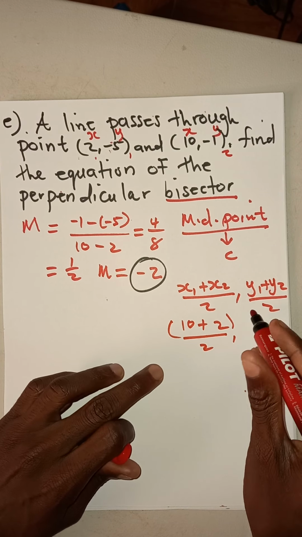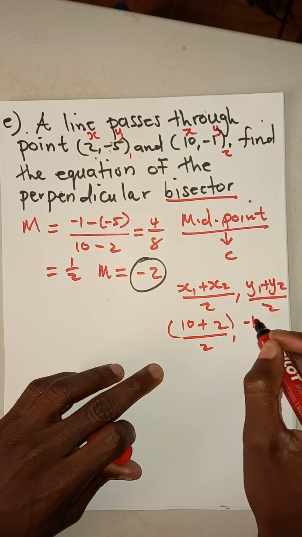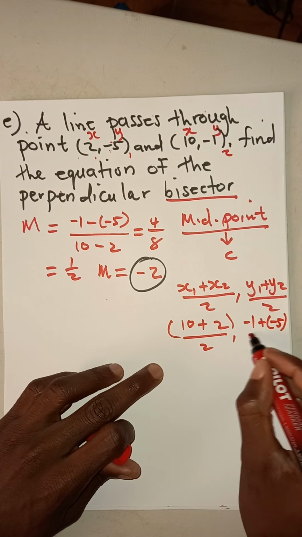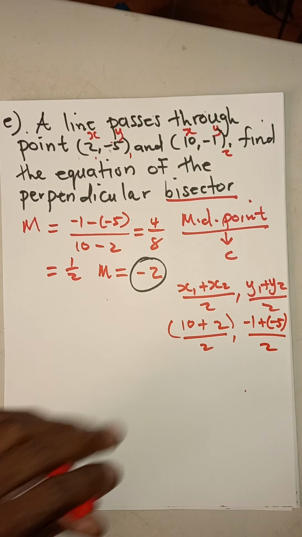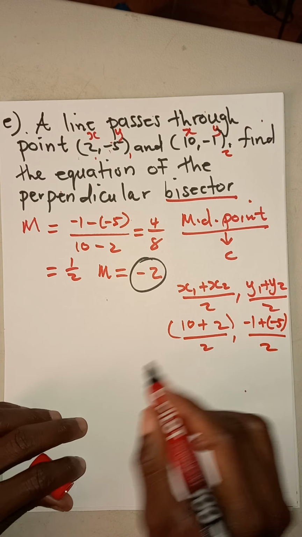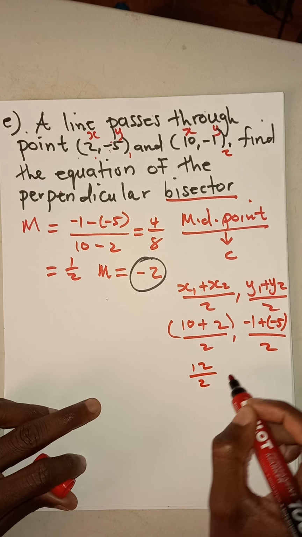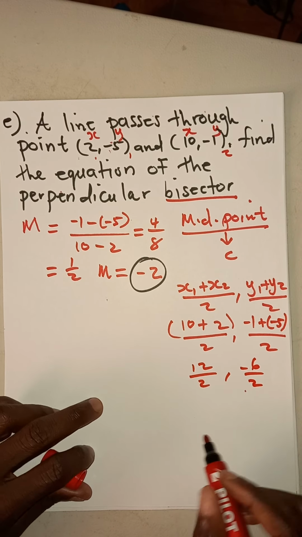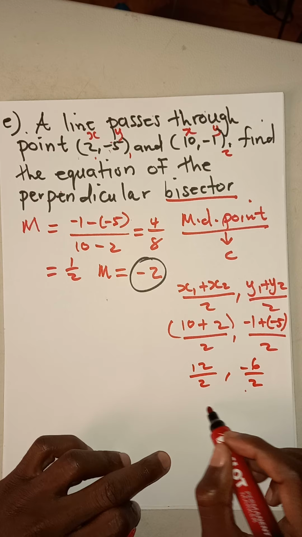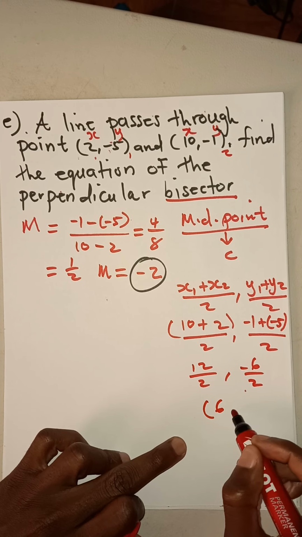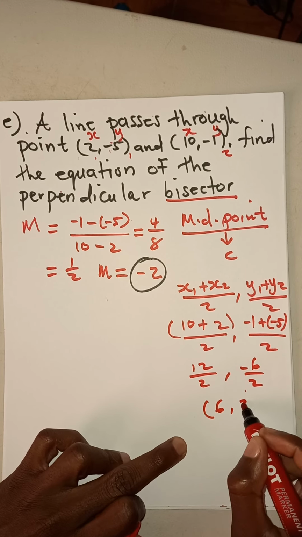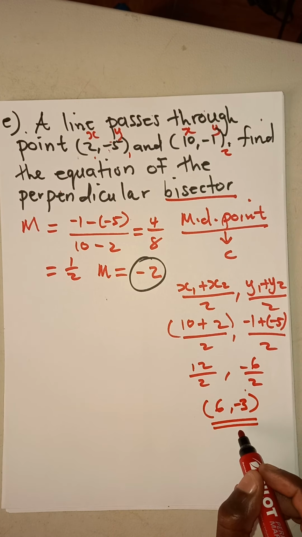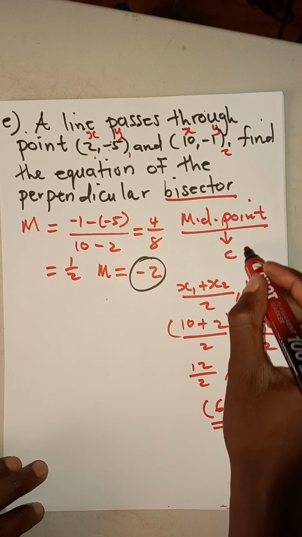This gives us -1 plus -5, we have it as well. So if we calculate it, this will give us 12 over 2, and then this will give us -6 over 2. So the midpoint will be equal to 6 and -3.